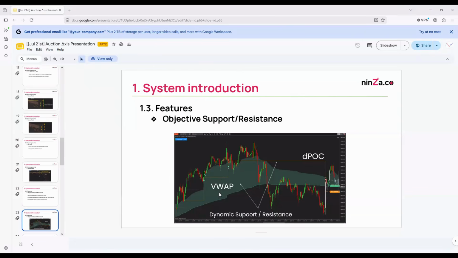The VWAP, of course, is here. One thing you should know: when price is inside the zone, the buyers and the sellers are pretty close in agreement on value, right? Once they get outside, it becomes more one-sided.